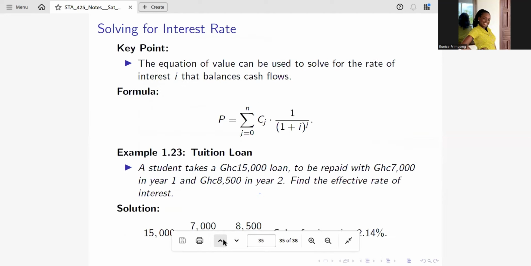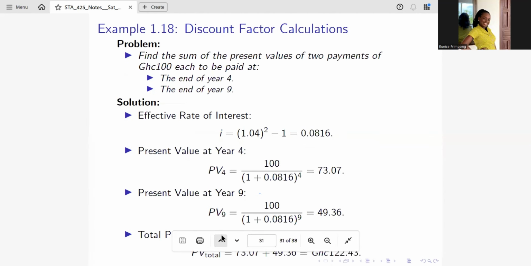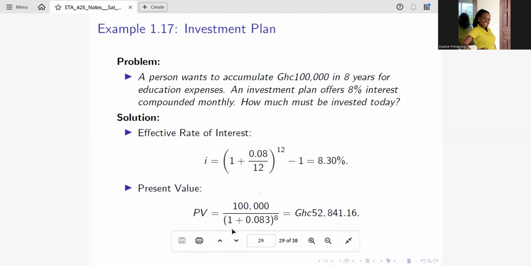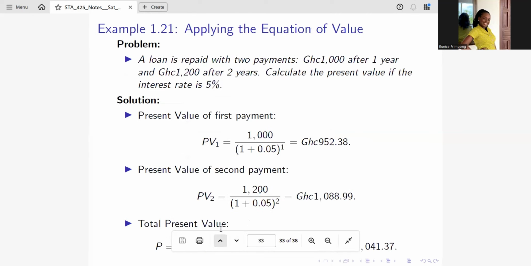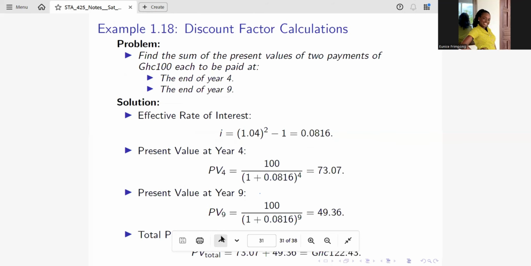Okay. So in effect, if we've spoken about present value, the reverse will give us the future value. If you want to talk about the future value, I have an investment here.